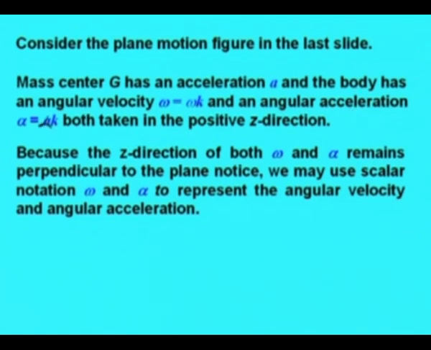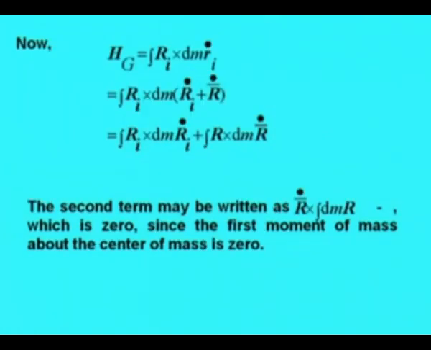Because the z direction of both omega and alpha remains perpendicular to the plane of motion, we may use scalar notations omega and alpha to represent the angular velocity and angular acceleration. We can just write the scalar equations, and that will be enough.